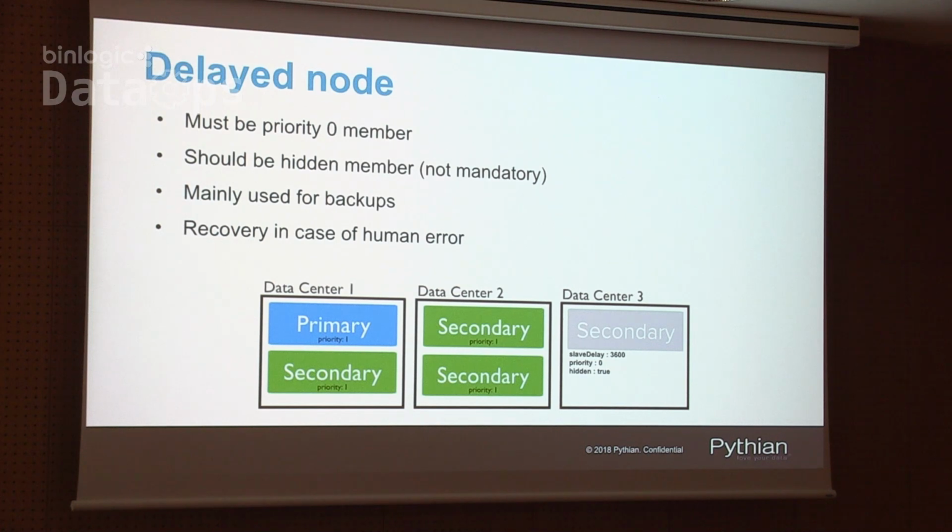This is useful, for example, if you want to take backups on a delayed node, but also you can recover in case of a human error. If you run a delete operation without any where clause and you figure out that you have deleted your data, this node can help you and you can recover.